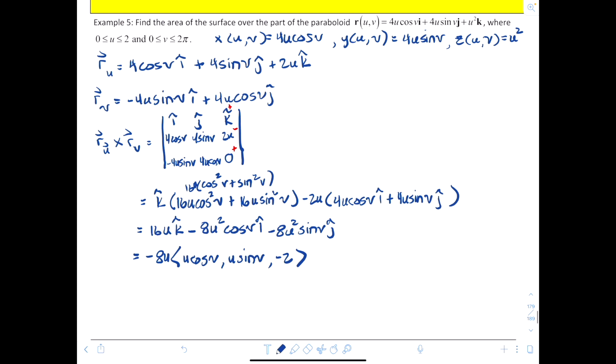So how do we figure what is what? Remember we need to find the magnitude of this cross product.